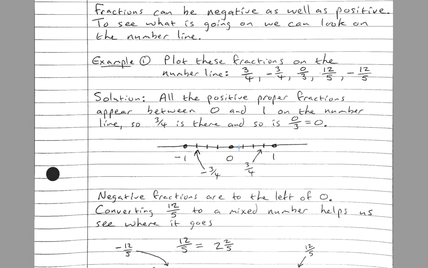All those proper fractions on the number line lie here between 0 and 1. Any fraction that's equal to 1 is not a proper fraction. Say 4/4, that would be improper. There's lots of fractions in here.